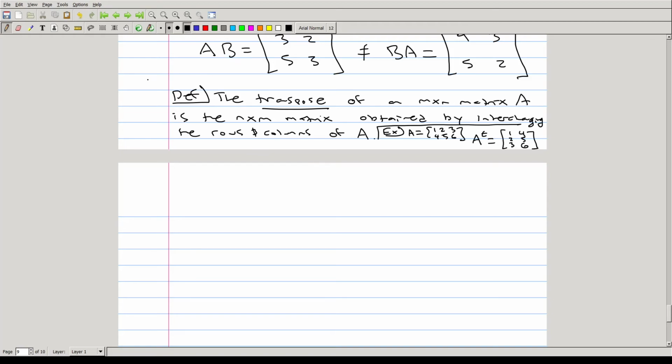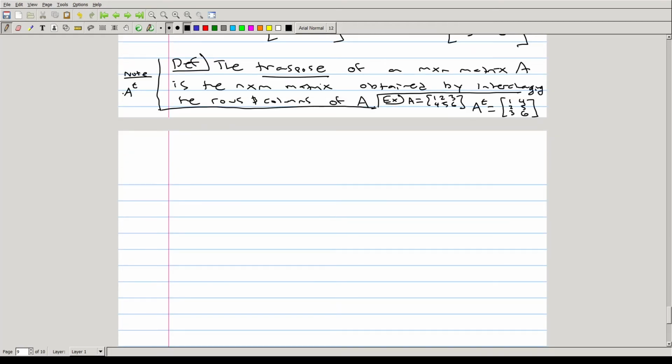The notation for the transpose is A^T. This is how we denote the transpose.